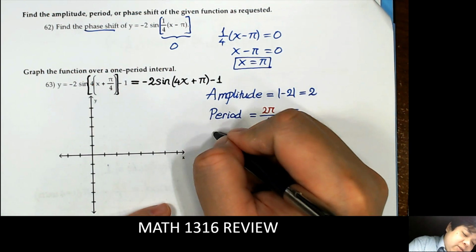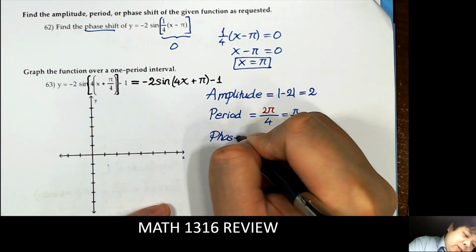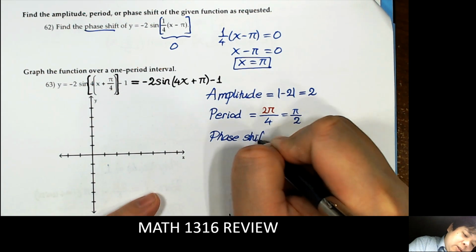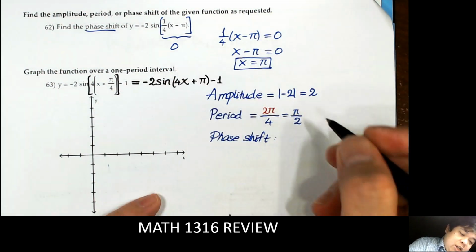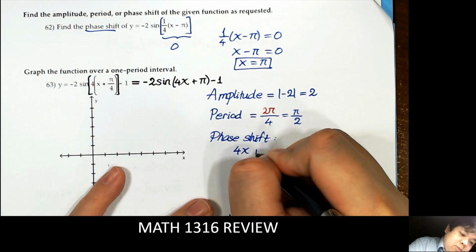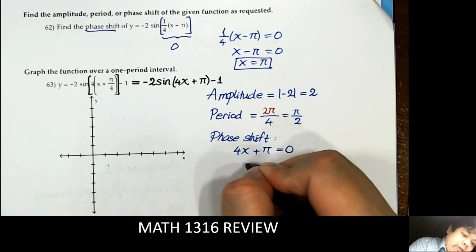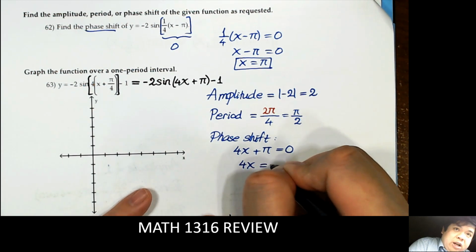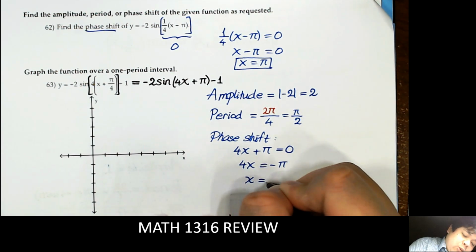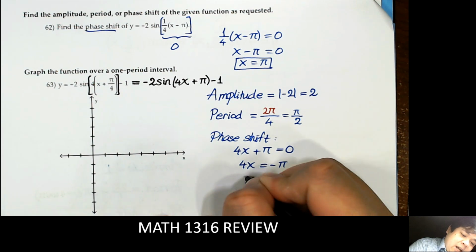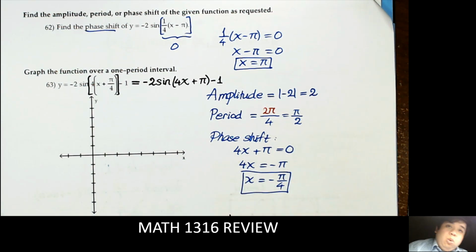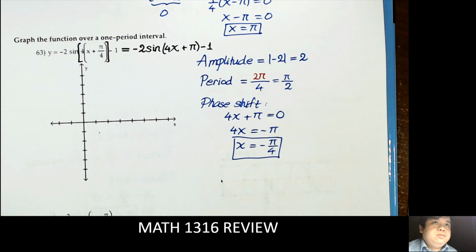The phase shift: we're going to let this equal 0, so x plus pi over 4 equals 0. So x equals negative pi over 4, that is the phase shift where a cycle starts.